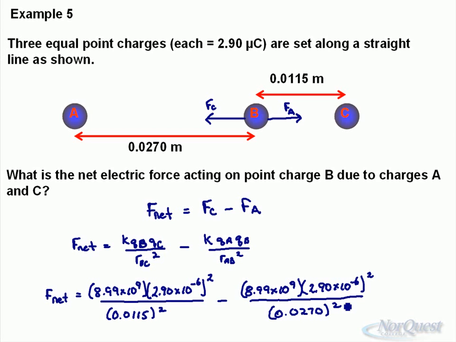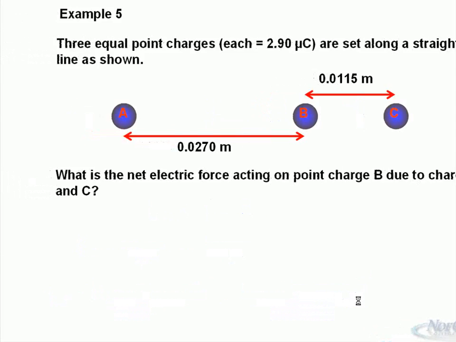That should give you F net to 3 sig digs of 468 newtons.